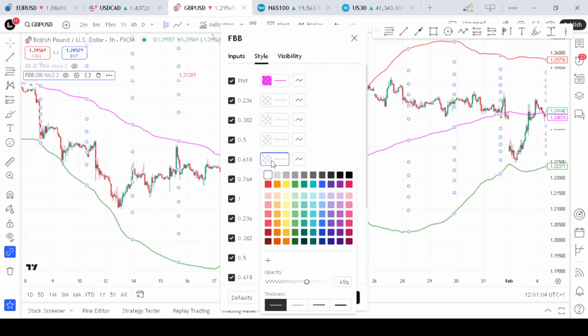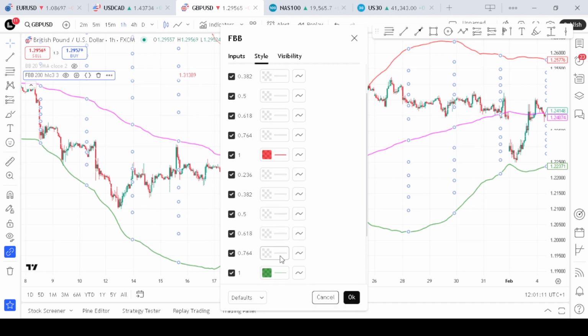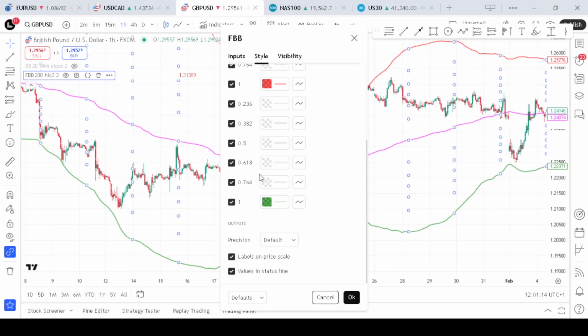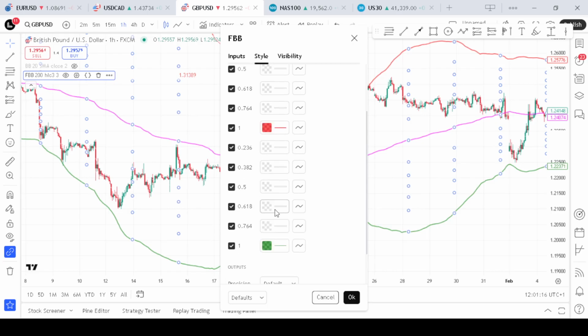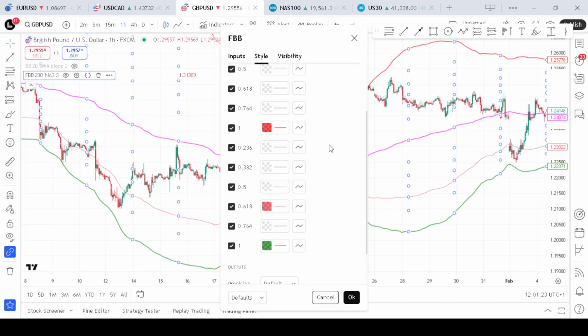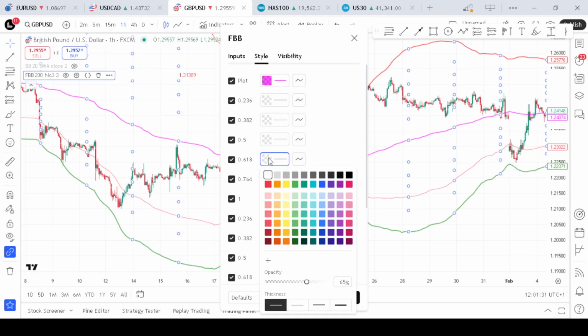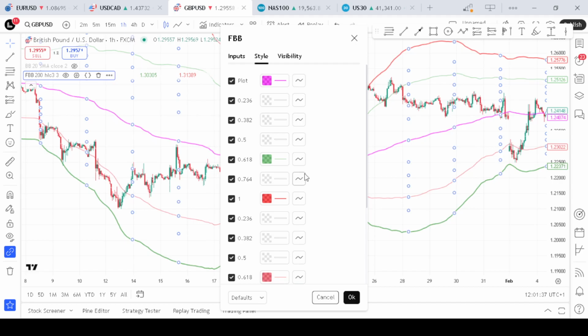Remember, we have to include levels like the 161, 61.8 level. We include this level. We also include our 261, this higher 261 level at this area. These are where we will include our levels to this indicator.